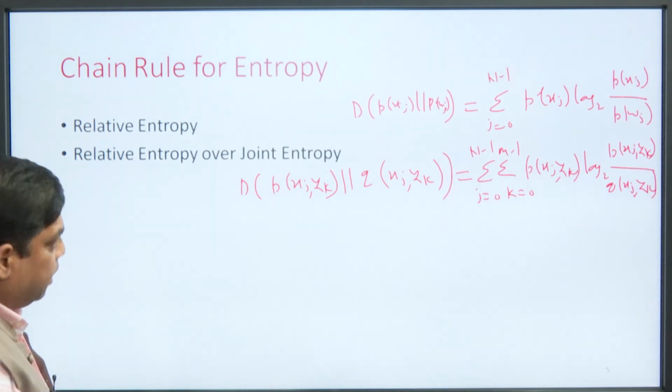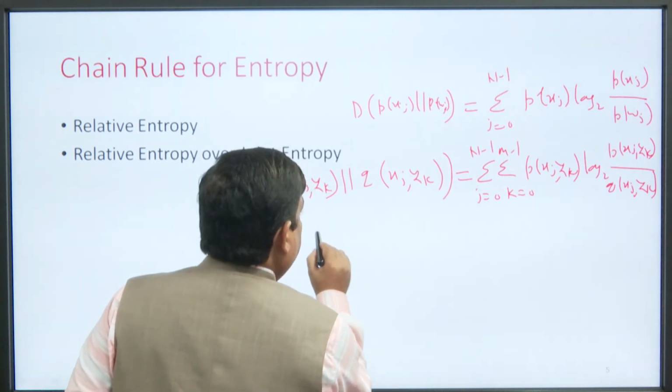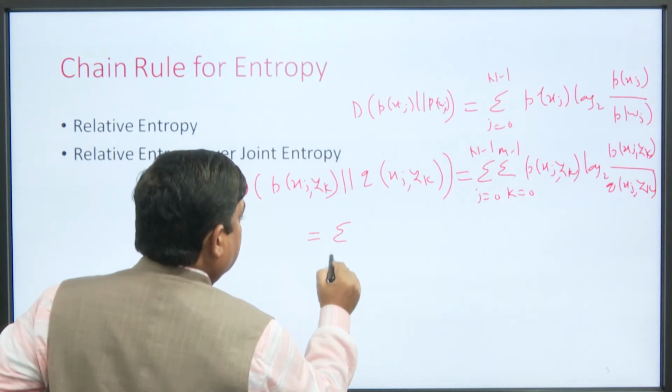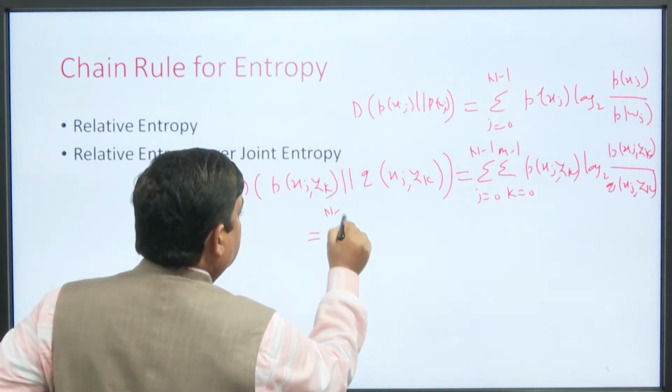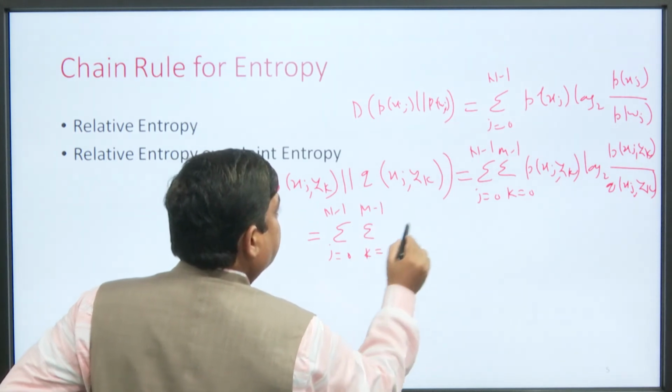As per the chain rule, we can convert it into j is equal to 0 to n minus 1, k is equal to 0 to m minus 1.